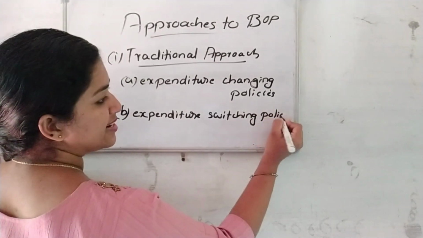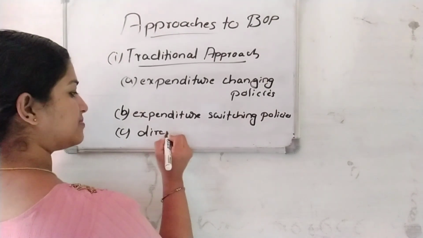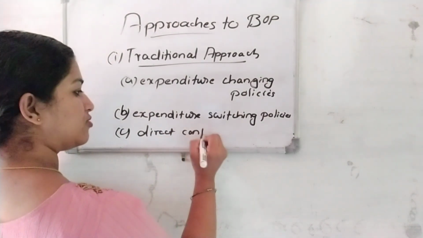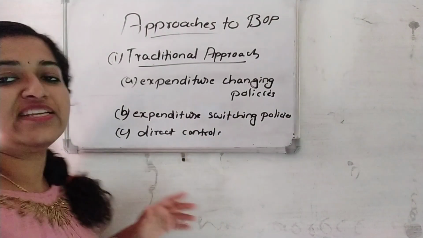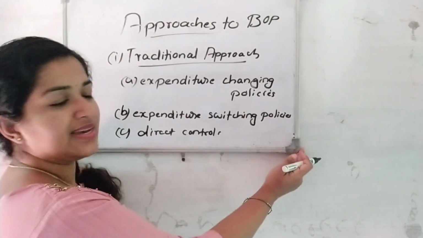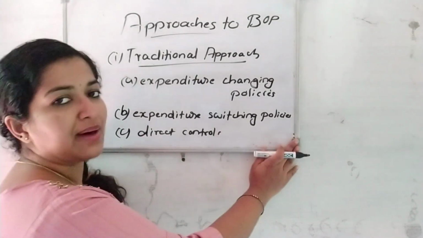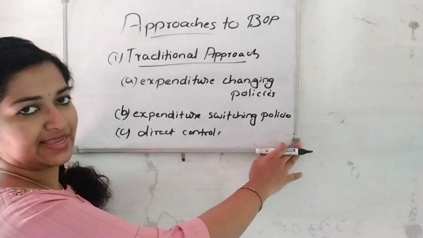And third one is direct controls. So under the traditional approach, there are three policy options to correct balance of payments disequilibrium.